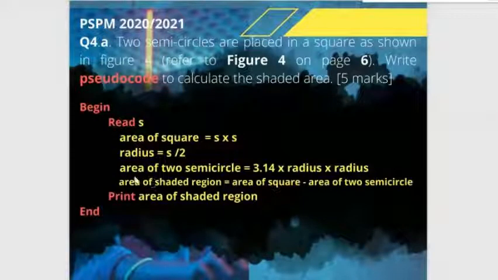Okay, here. So you will get the area of shaded region. So you need to print. And after that, don't forget to write End. Make sure that begin and end, okay, it is the same level here. Okay, read, print, same, a bit of tab here. And after that, this is what we call the process part.